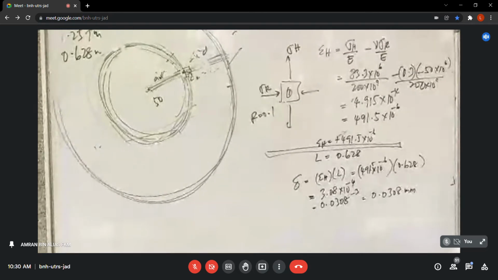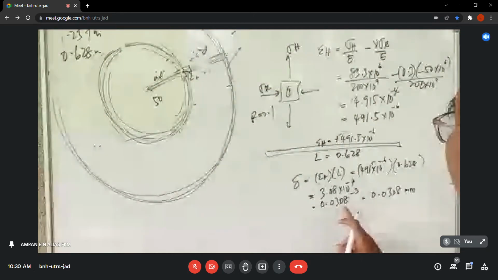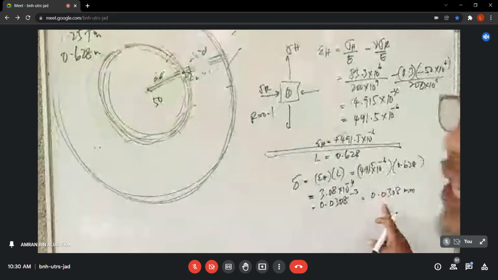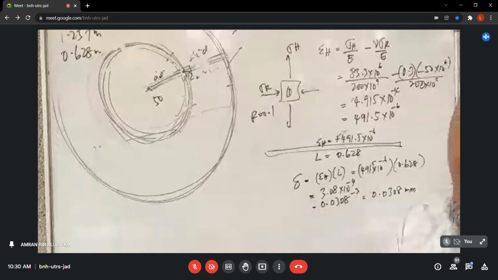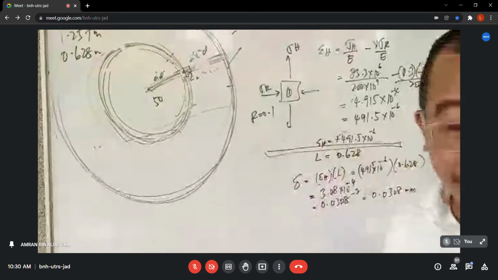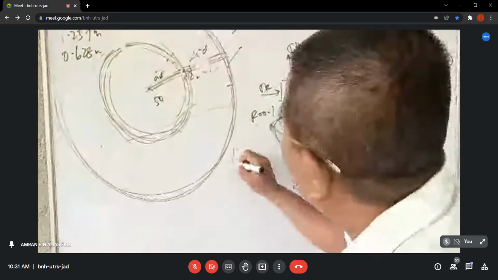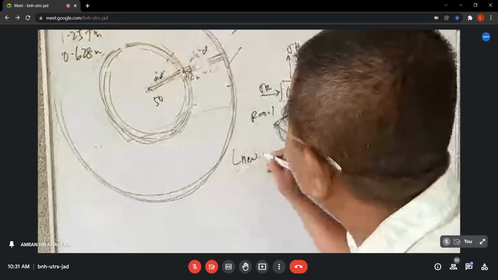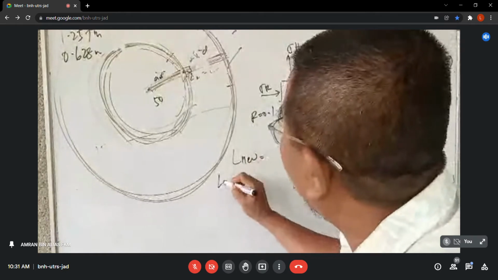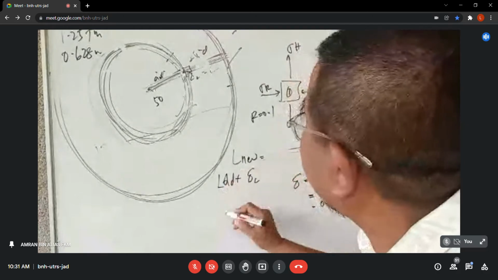Everybody, are you following me? Yes. So we got a very small change, 0.03 millimeter. So what is the new length? L new is L old plus delta L, right?